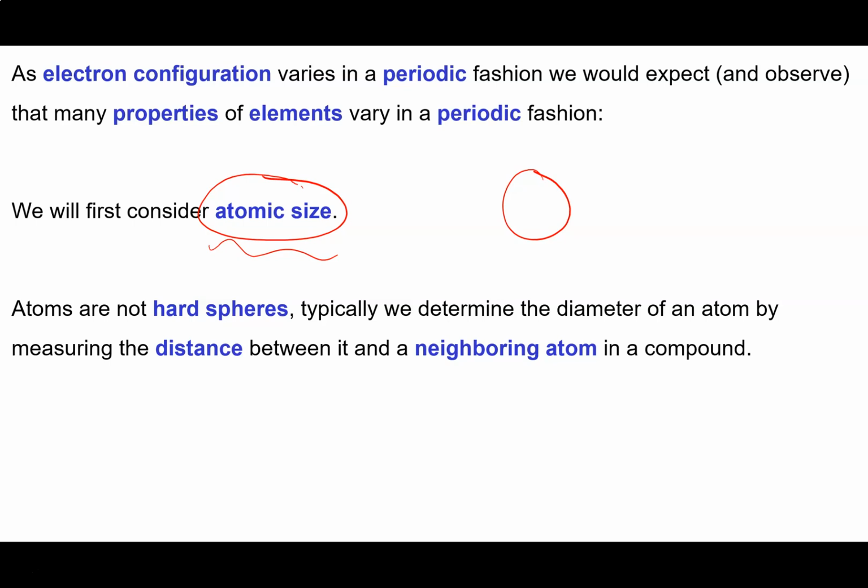And it's also worth recognizing that how we determine the size of an atom is by looking at how it behaves when it's combined with other atoms or even atoms of itself. So the important idea there, though, is that when an atom engages with another atom, how its electrons are moved around will depend upon the nature of the atom that it's interacting with. So you're going to see slight disagreement in reported sizes of these atoms depending on how they were determined, but don't get too hung up on that.